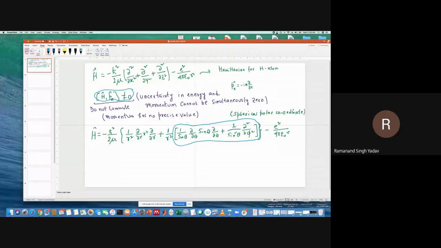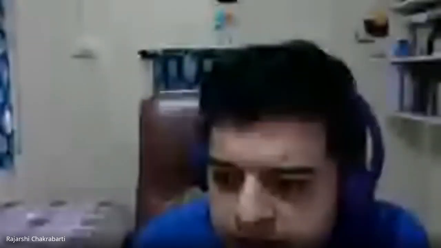This is the angular part, theta and phi. There is no R dependence. Very simple, isn't it?